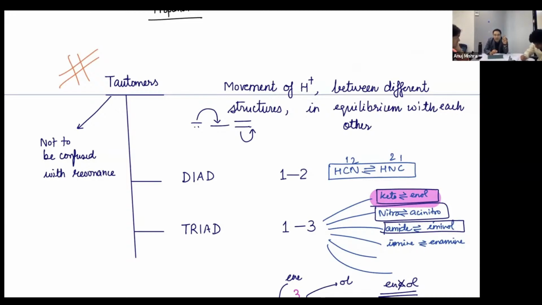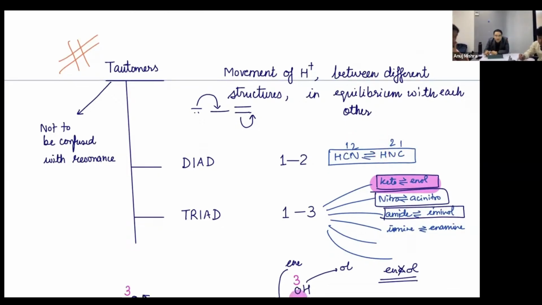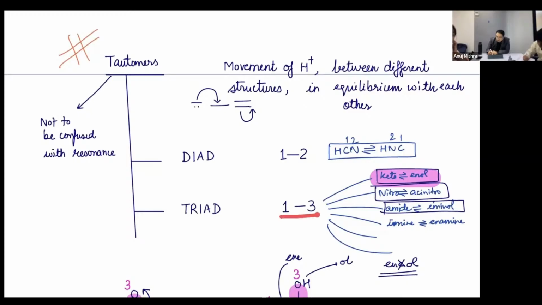Another is triad. Dyad means two, triad means three. When hydrogen jumps from position 1 to position 2, that is called the dyad system. What is the triad system? When it jumps from the first position to the third position, then it is called the triad system.